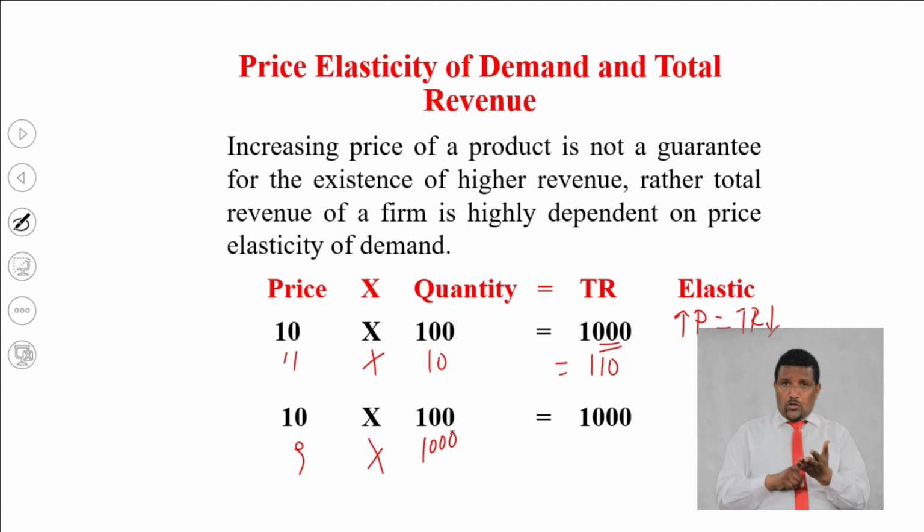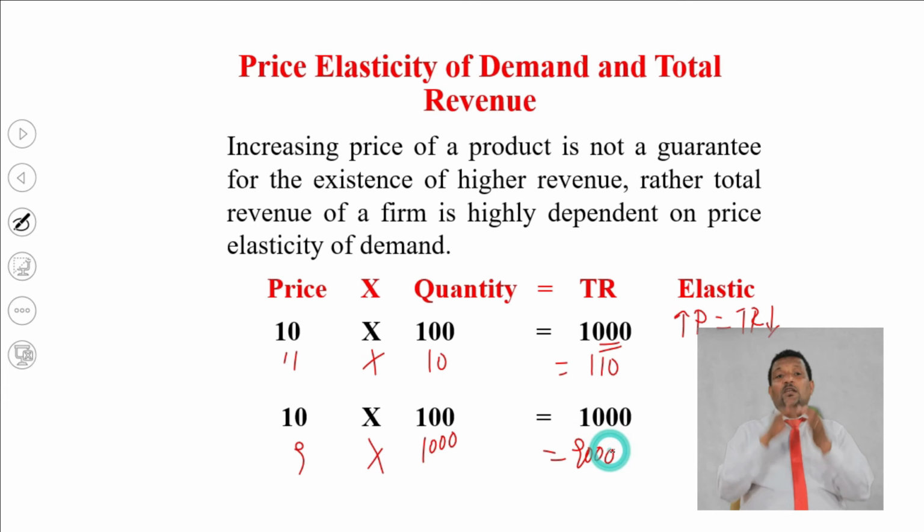Then 9 times 1000 is 9000. As a result, if the buyer is elastic, with a fall in the price of a commodity, the total revenue of the firm will increase. From this, we can understand that if the buyer is elastic, with an increase in price total revenue will decline, and with a fall in price total revenue will increase.